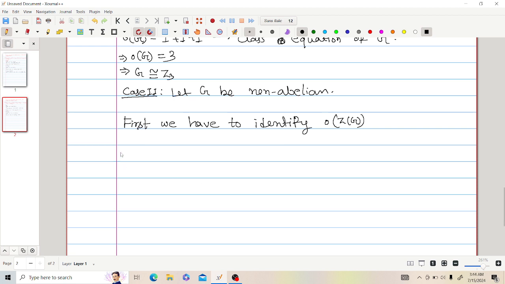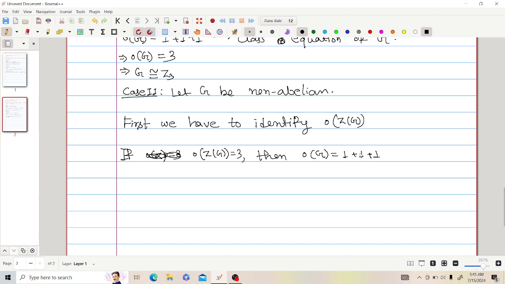So here if the order of Z(G) is 3, then what is the class equation? Then the class equation is order of G equals 1 plus 1 plus 1.